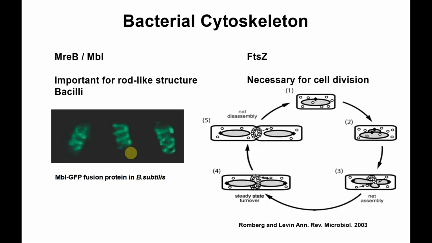Now, FTSZ, this is the bacterial homologue of tubulin, and it plays a very important role in bacterial cell division and chromosome segregation. So, like I said, at the beginning of cell growth, the origin of replication is attached to the cell wall. So what's going to happen is DNA replication is coordinated with cell growth and elongation.